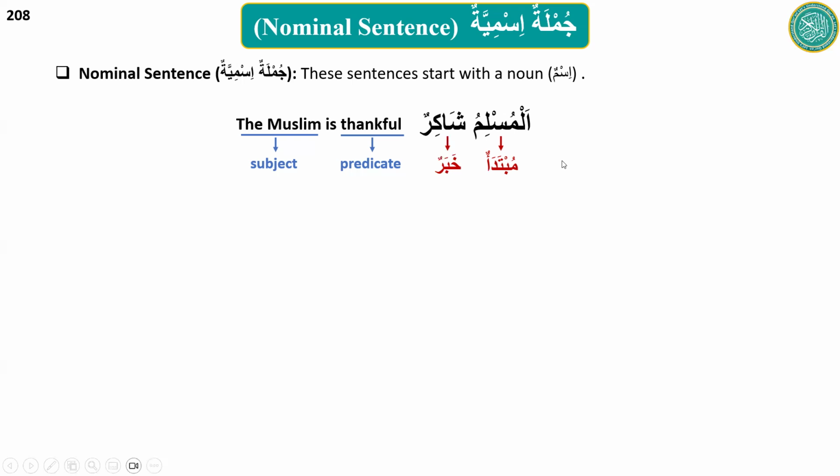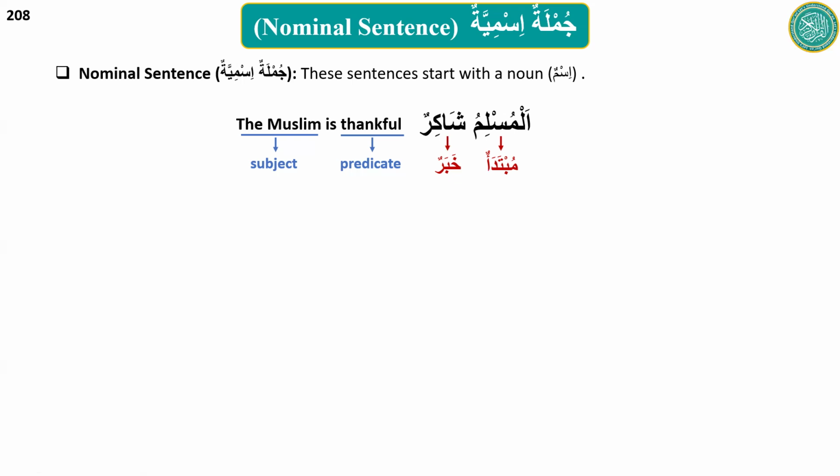Okay. Now, a couple of things. You see, al-Muslimu, its status is rafa. And Shakirun is also rafa. So the first rule is that both mubtada and khabar are rafa, or marfu. And second, they match in number and gender.